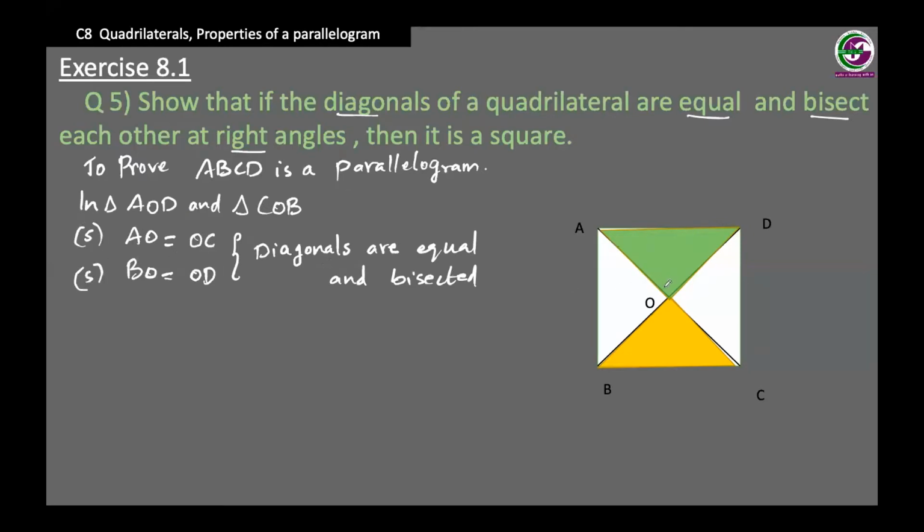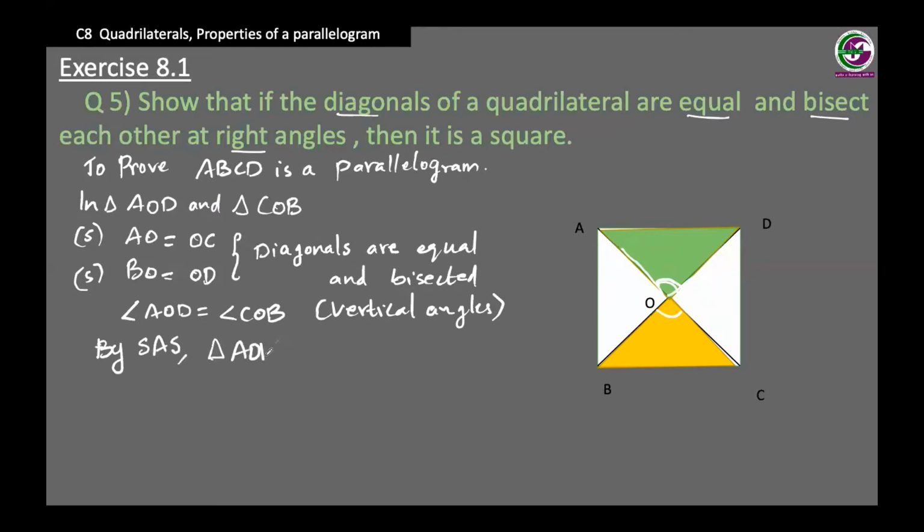So we get two sides here, S and S. And now we know that angle AOD is equal to angle COB because they are vertically opposite angles. Angle AOD is equal to angle COB, vertical angles. So by side, angle, side, by SAS, triangle AOD is congruent to triangle COB.